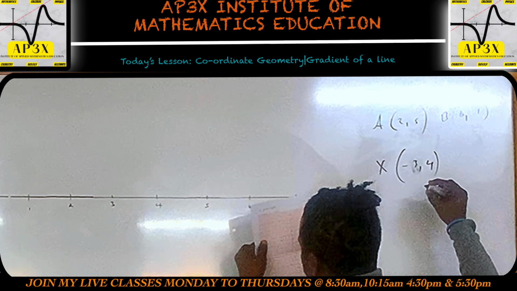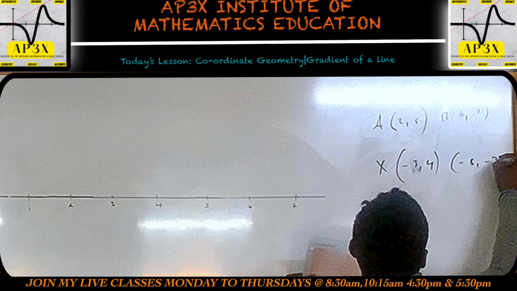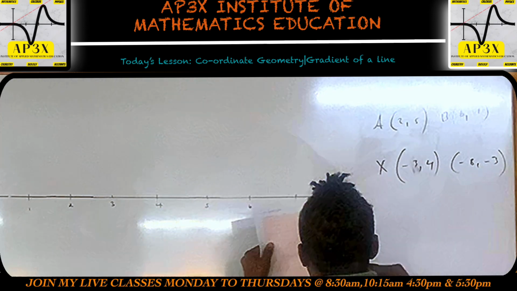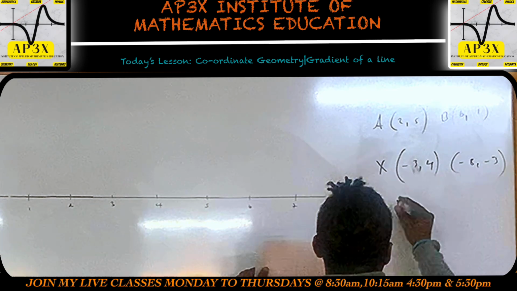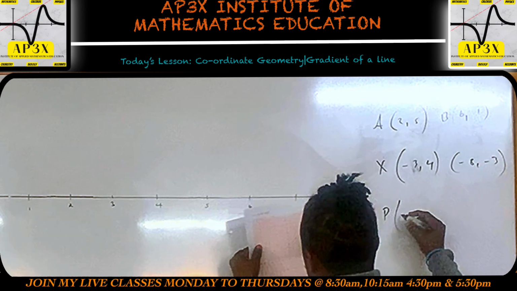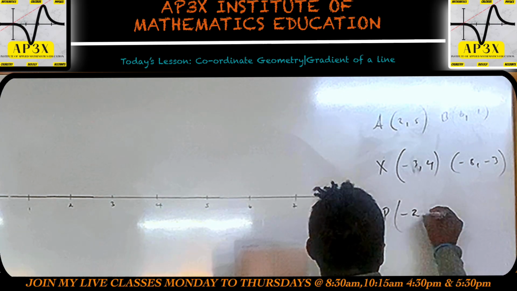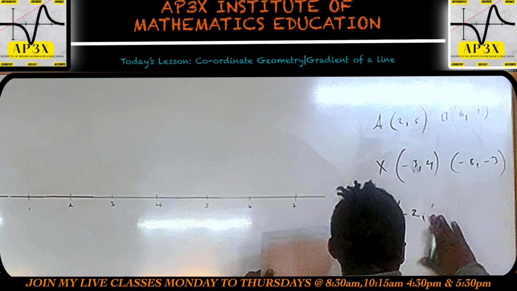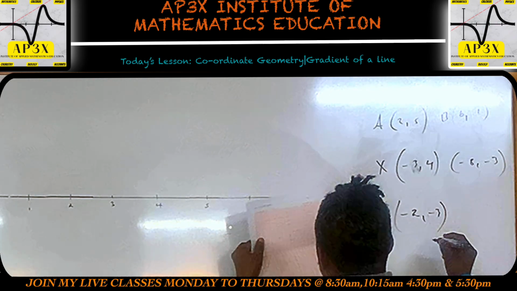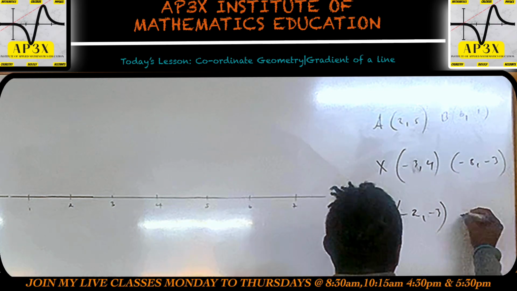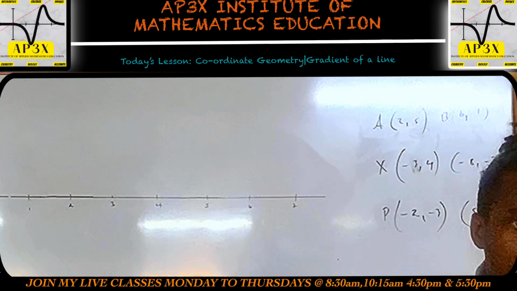I think it's T. Minus 8, minus 3. And then I think this is P and Q. P is minus 2, minus 3. And Q is 5, negative 7. Those are the points that we had from last class.